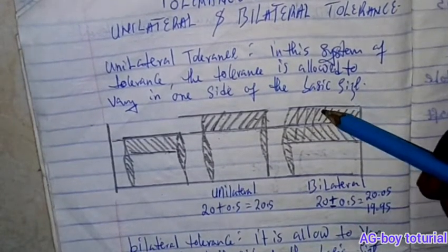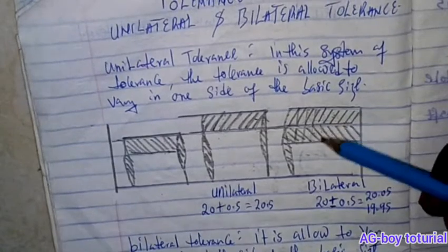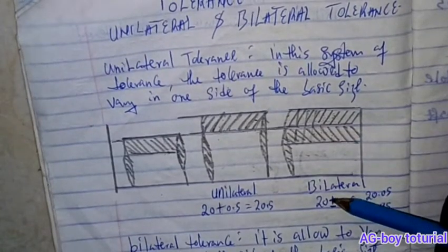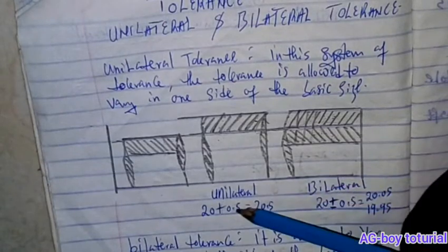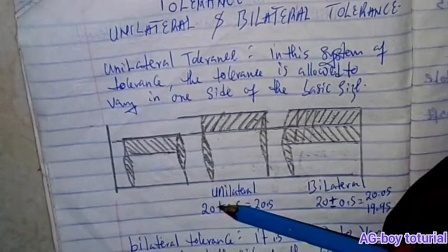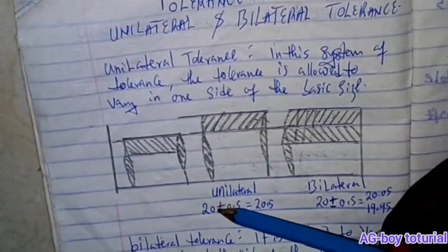That is, this upside is positive and this downside is negative. So that's why it comes with a positive and a negative sign, while for unilateral, it comes with either a positive or a negative.